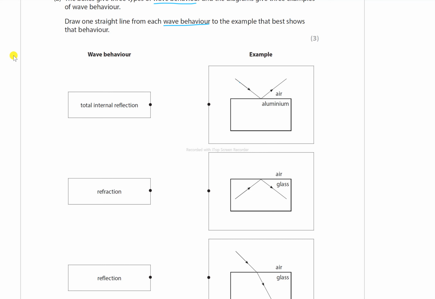So this, you can see, is just totally reflected. That is straightforward reflection. That's not a problem. Right. This is total internal reflection, because it's inside the glass block.